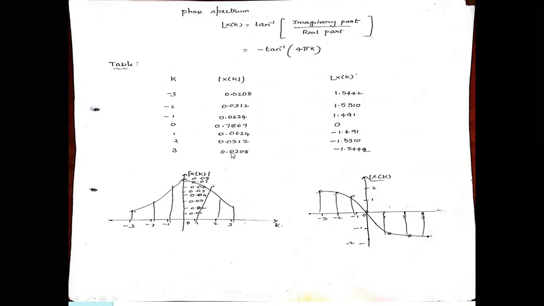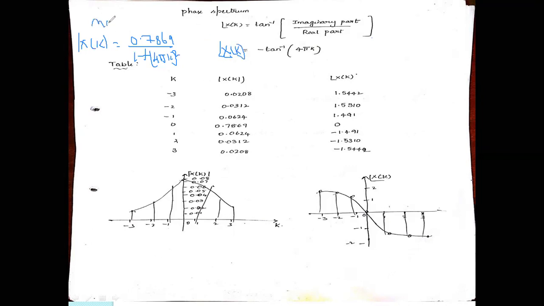Now use this. Magnitude of x of k we got as 0.7869 divided by under root of 1 plus 4 pi k whole square, and this is the phase angle, angle x of k.